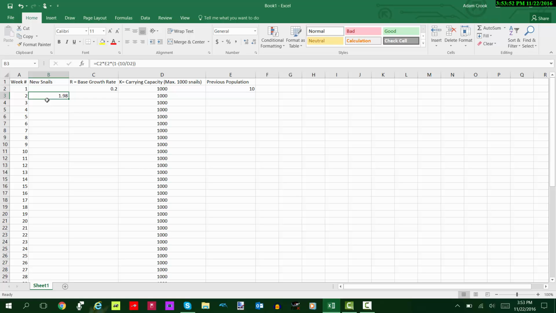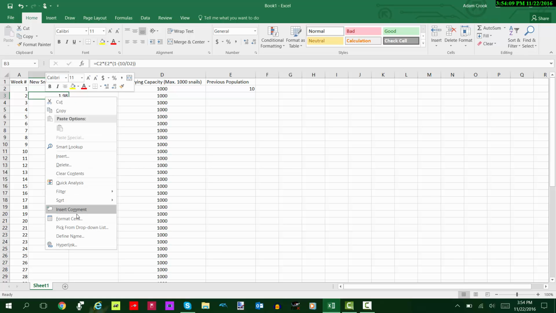Alright, 1.98. So now we gotta round. It has to be a non-negative whole number. So non-negative whole number, so we round.